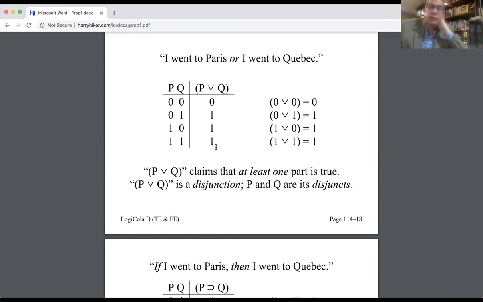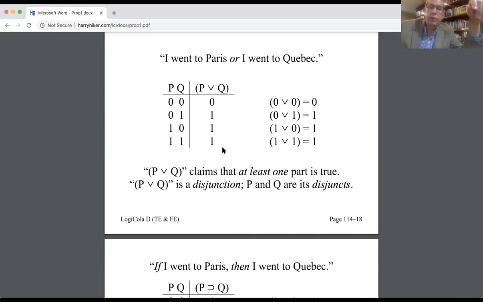So the rest of the lines come out true. If Q is true and P is false, then P or Q is true. If P is true and Q is false, P or Q is true. And here's the one that often trips beginners up a little bit: if P is true and Q is true, P or Q is true.